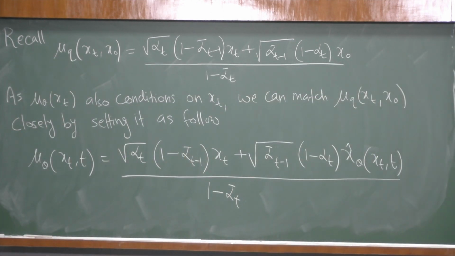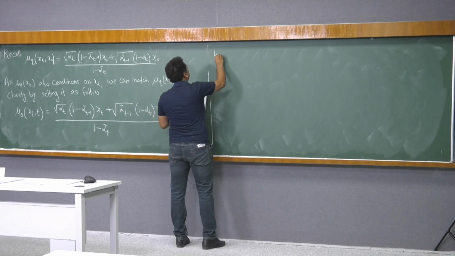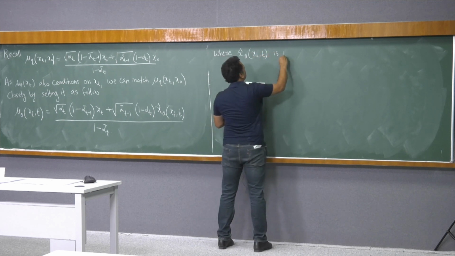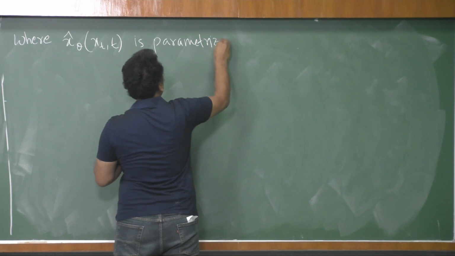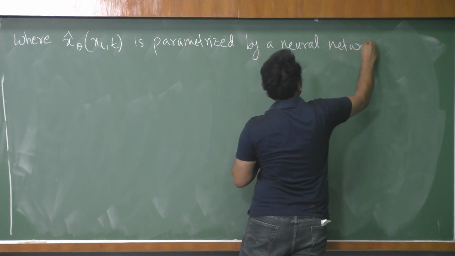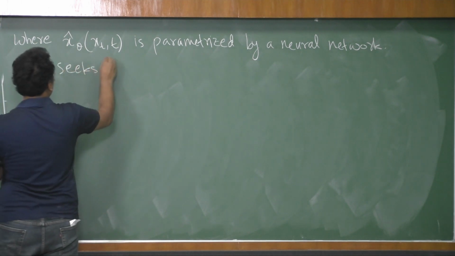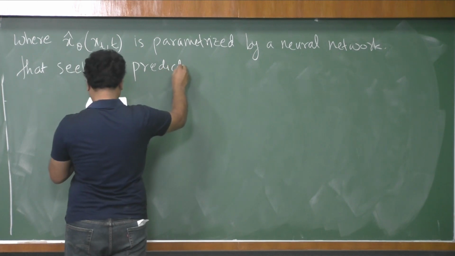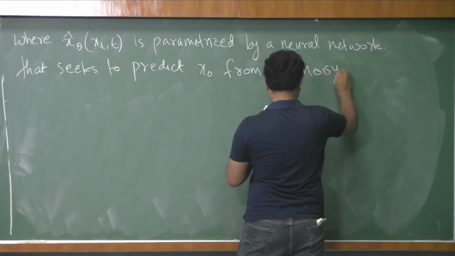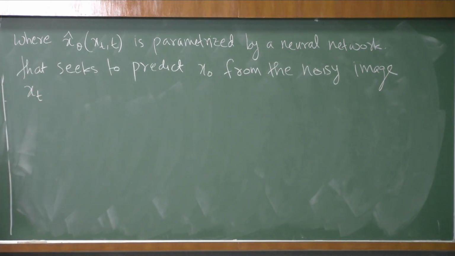One of the good predictors we have these days are neural networks, so we will use some form of neural networks, where x hat theta of x_t, t is parameterized by a neural network that seeks to predict x naught from the noisy image x_t and at time index t.